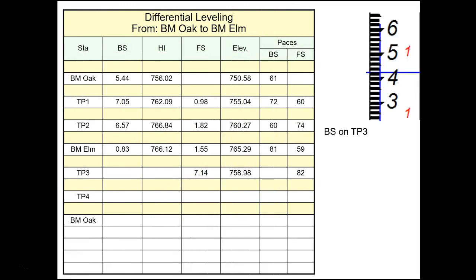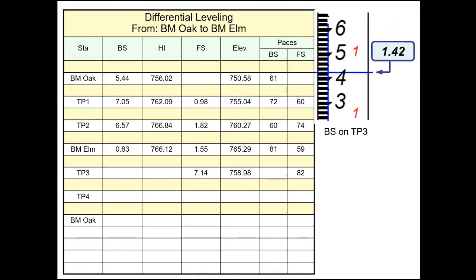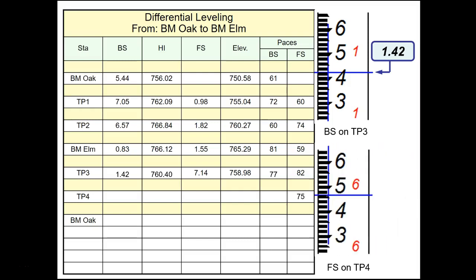Now we're going to take a back sight, 1.42. Calculate our instrument height, pace to turning point 4. We are at 6.46. Calculate our elevation.